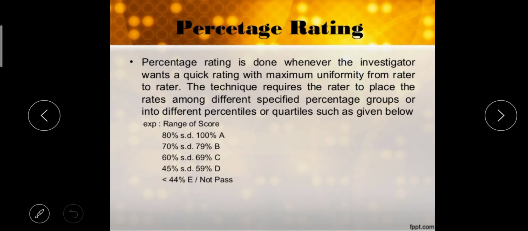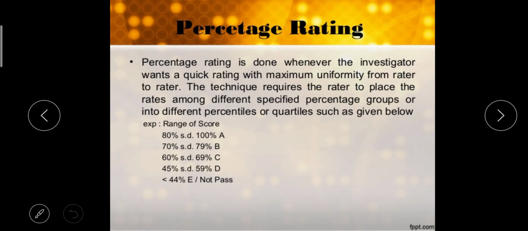Next one is percentage. It is also an easy one. Percentage rating is done whenever the investigator wants a quick rating with maximum uniformity from rater to rater. The technique requires the rater to place the rate among different specified percentage groups, or into different percentiles or quarters as given below.